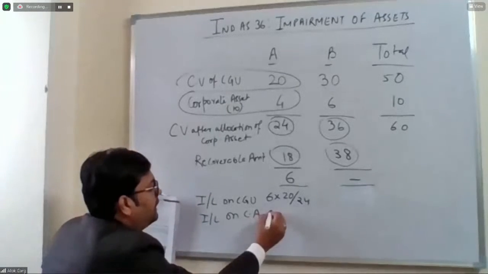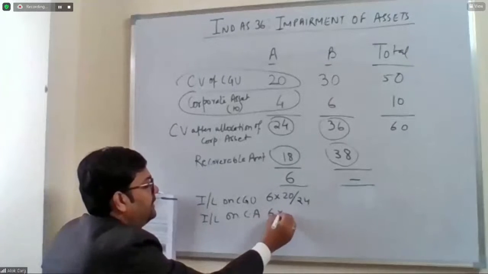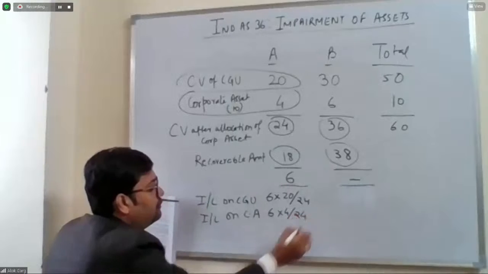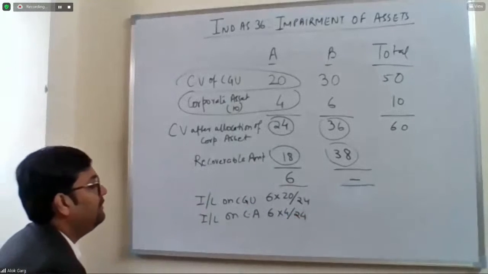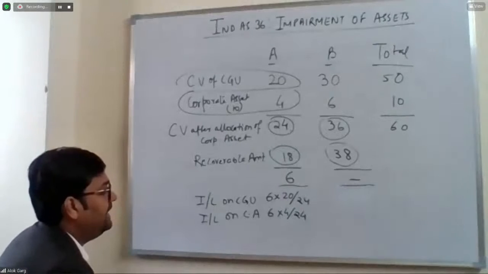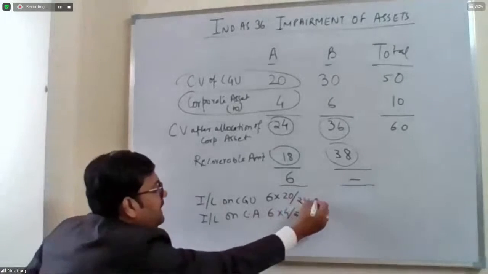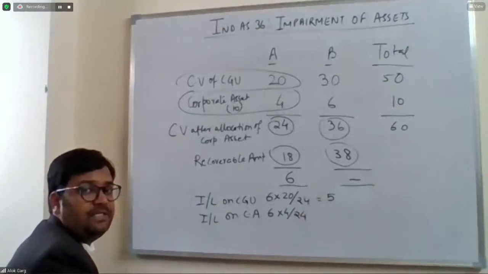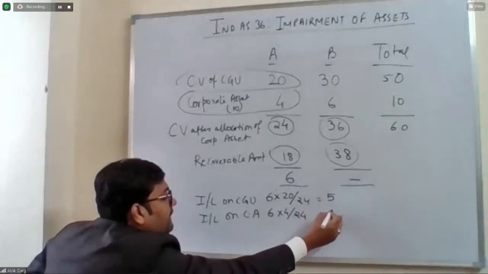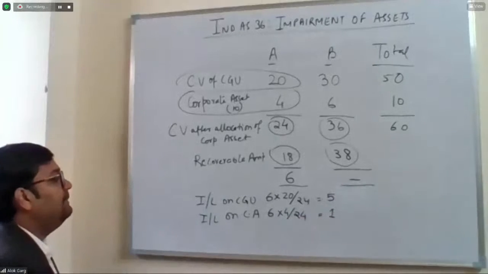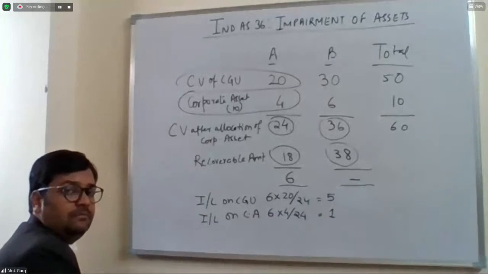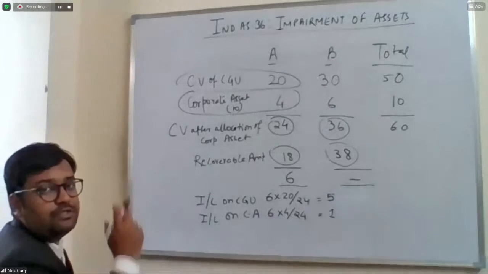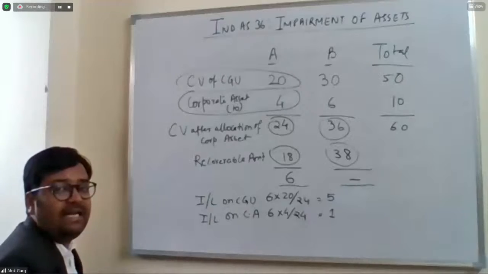Again, the total value of the impairment loss is 6 million. The value of the corporate asset is 4 million. And the value of total CGU is 24 million, which includes the corporate asset. So in this case, 5 million will be the impairment loss on other assets of the CGU, and 1 million will be the impairment loss on the corporate asset, which is in CGU A. Now what is the revised carrying value?